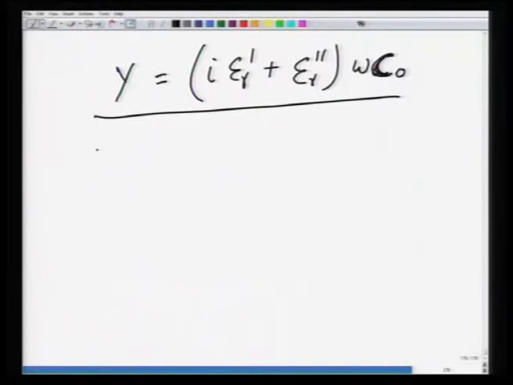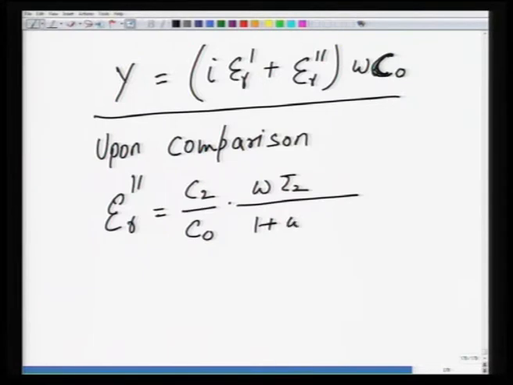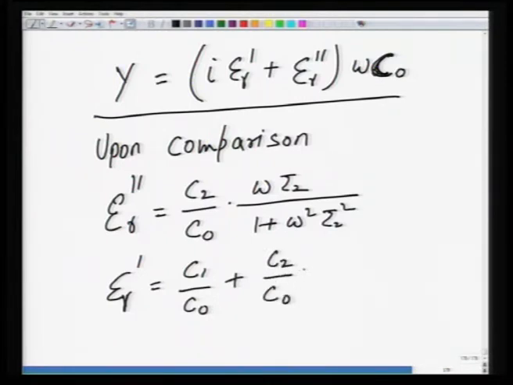Upon comparison, what we get is epsilon r double prime equal to C2 divided by C naught multiplied by omega tau 2 into 1 plus omega square tau 2 square, and epsilon r prime is equal to C1 divided by C naught plus C2 divided by C naught multiplied by 1 divided by 1 plus omega square tau 2 square.